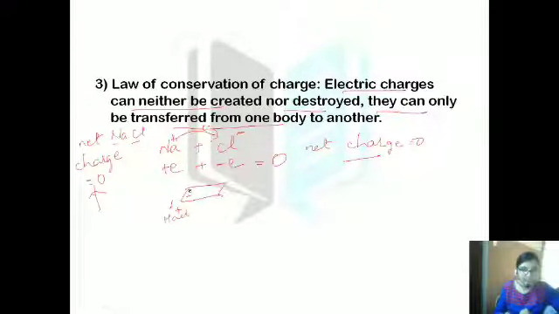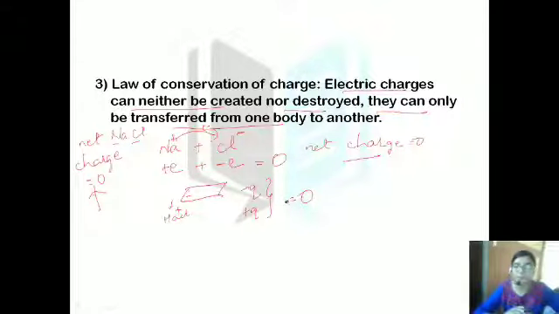Finally, suppose the scale acquires minus q charge, the hair will acquire an equal amount of positive charge. Again the net charge will be 0. So here also net charge is conserved. The net charge before and after the transfer is 0. So this is the third property of the charges.